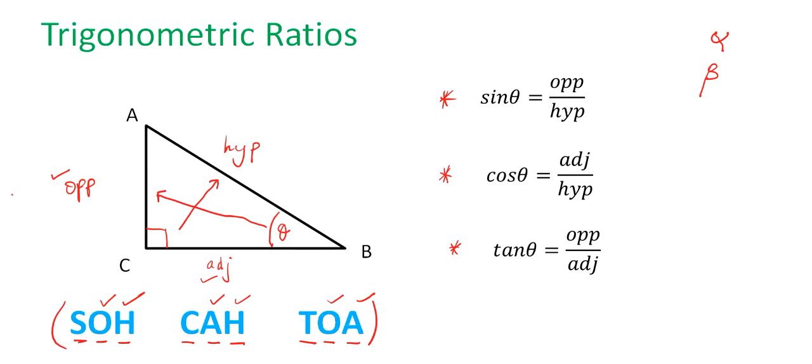Okay, now let's see how we apply these formulas. So let's say we have a right angle triangle and suppose we want to find this angle here, we want to find theta, and this side is 4 and this is, let's say 5.